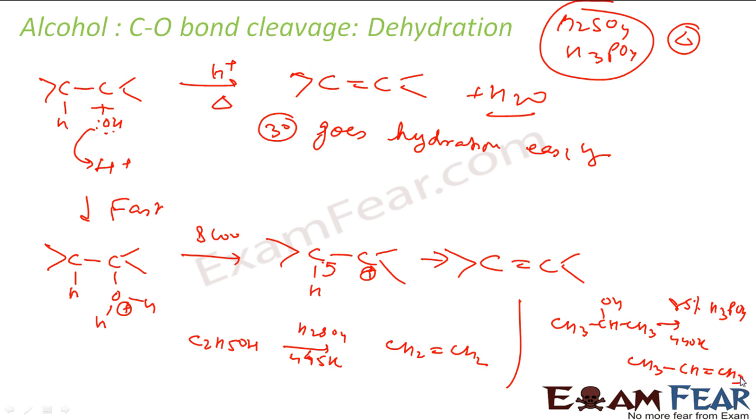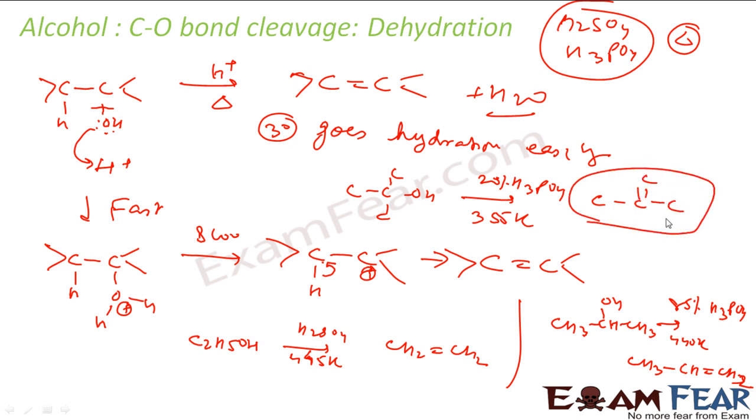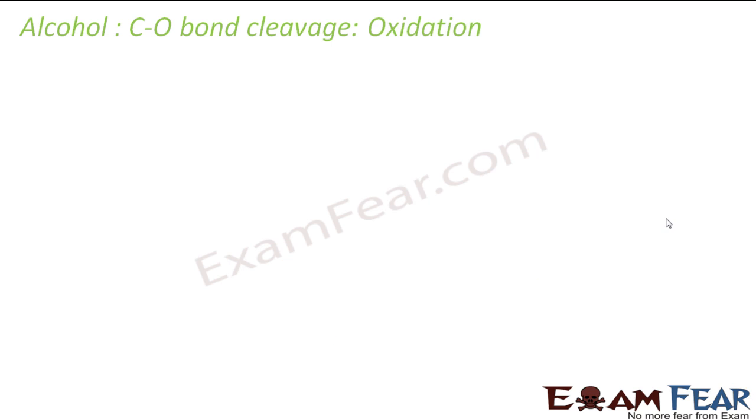If you have tertiary alcohol, life is all the more simple for you. Example, you have something like this, right? Then you need only 20% H3PO4, you will need even less temperature, maybe 355 Kelvin, and you get something like this. Correct? So dehydration is easy for 3 degree alcohol.